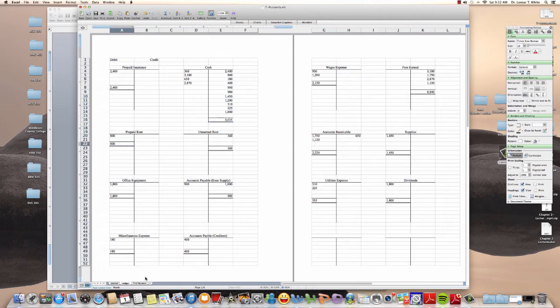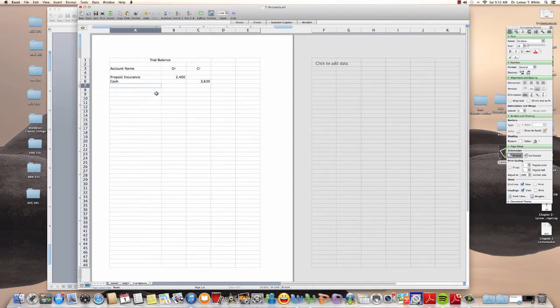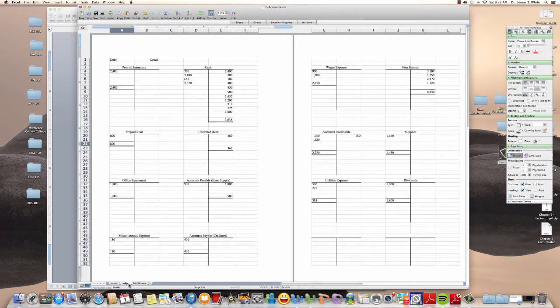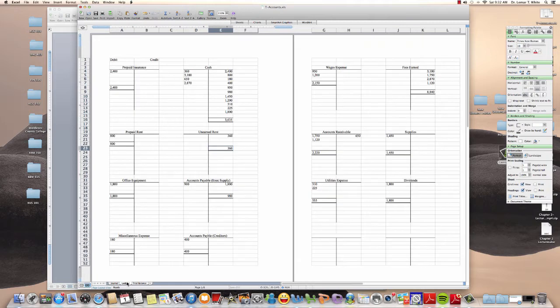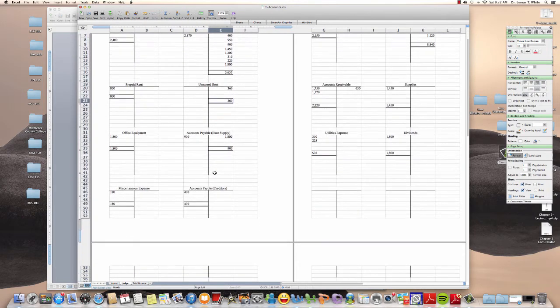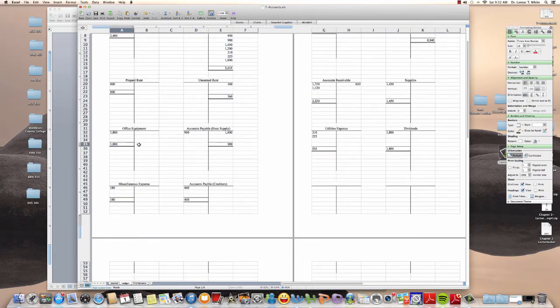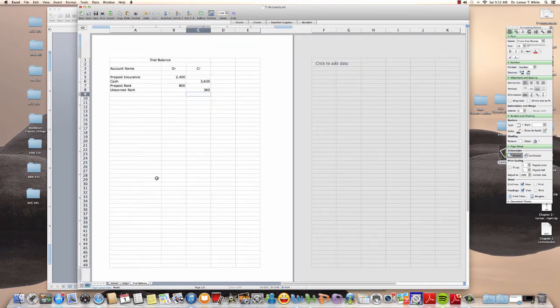So we have prepaid rent, $800. We have unearned rent, $360 on the credit side. We have office equipment, $1,800 on the debit side.